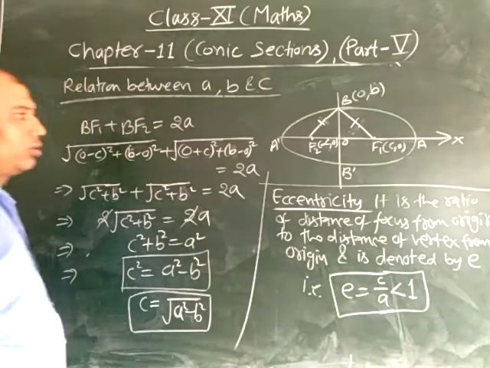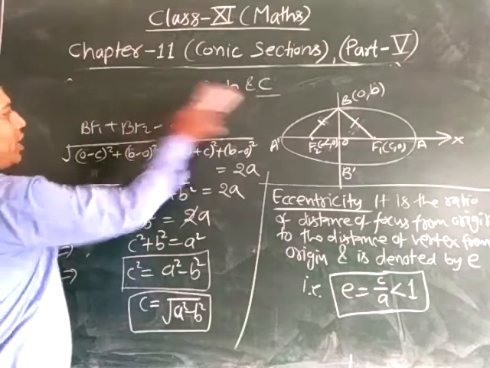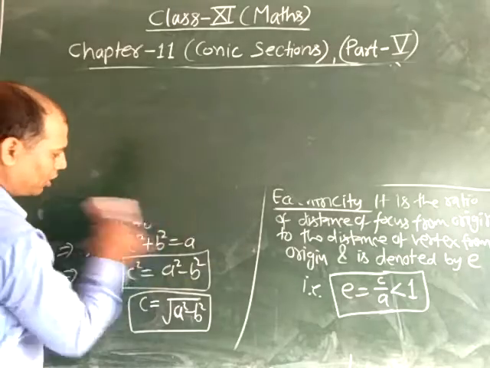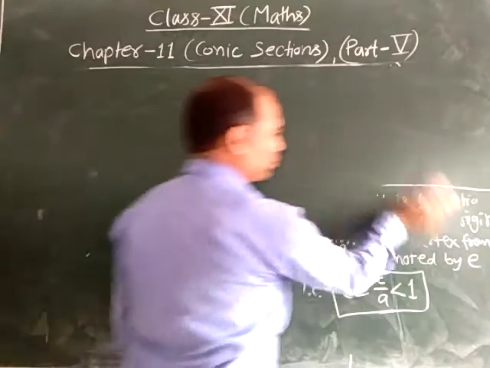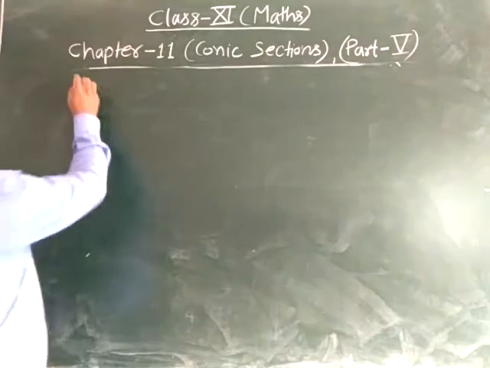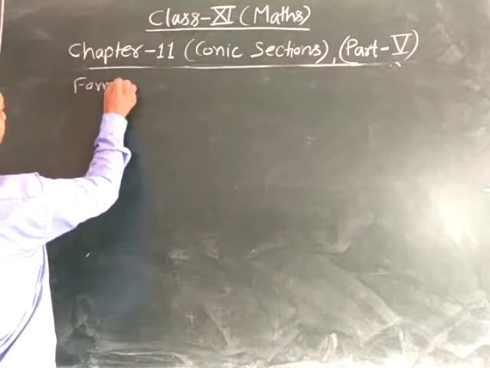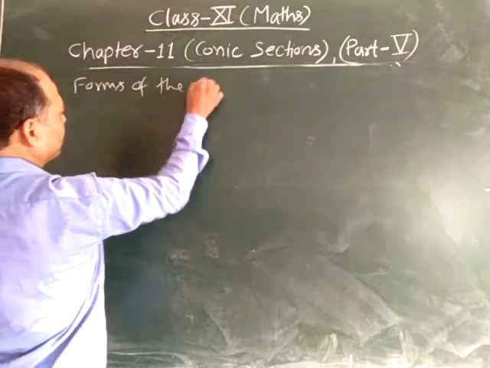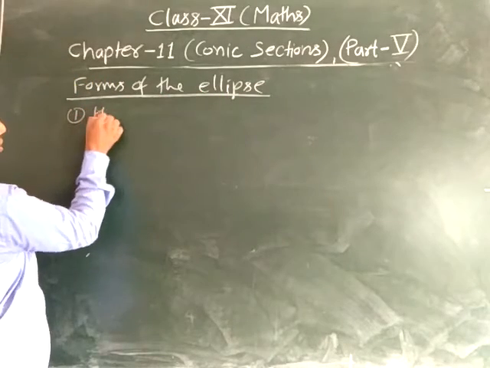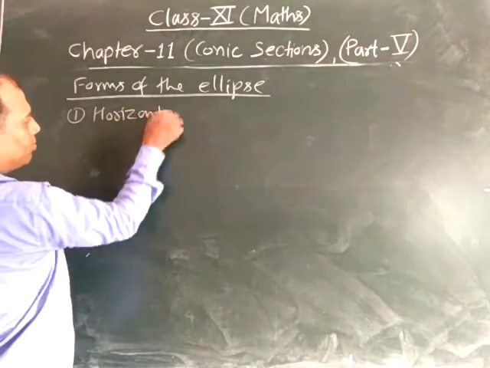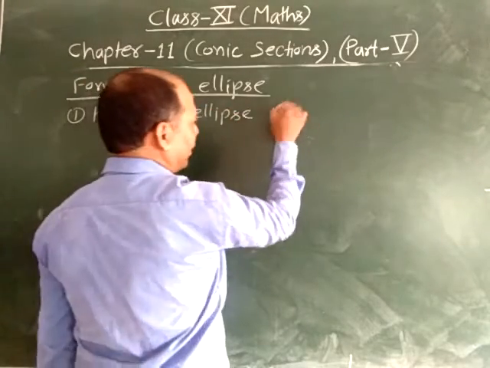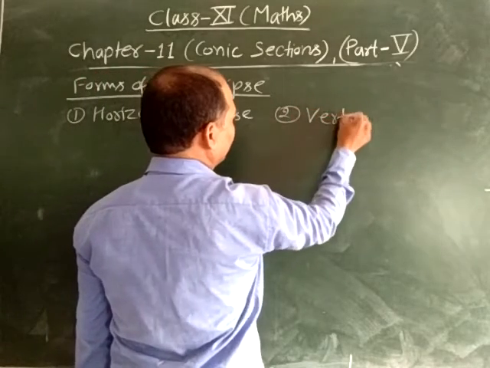Now let us know two forms of the ellipse. Actually there are two forms of the ellipse. One is called the horizontal ellipse and the other is called the vertical ellipse.